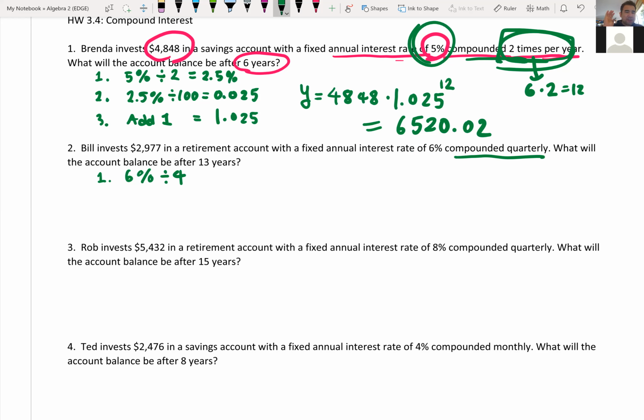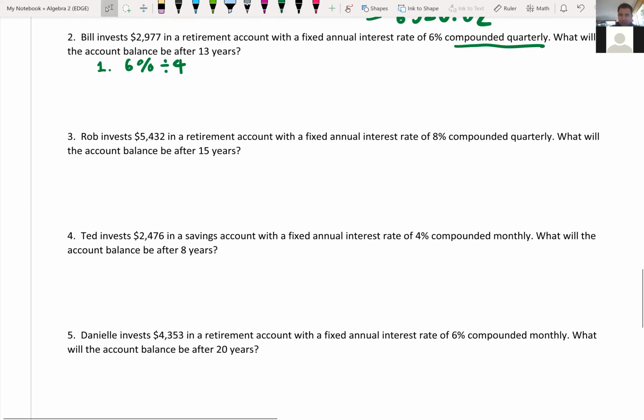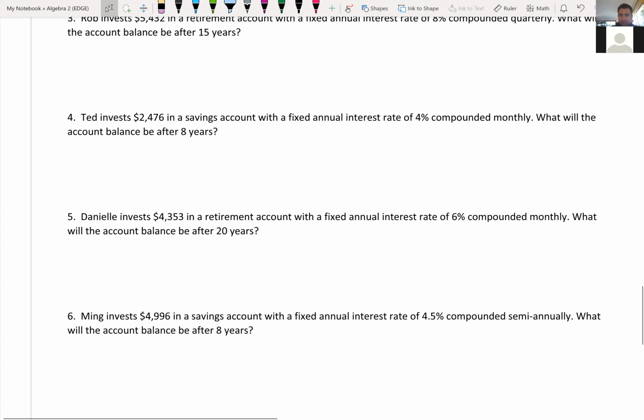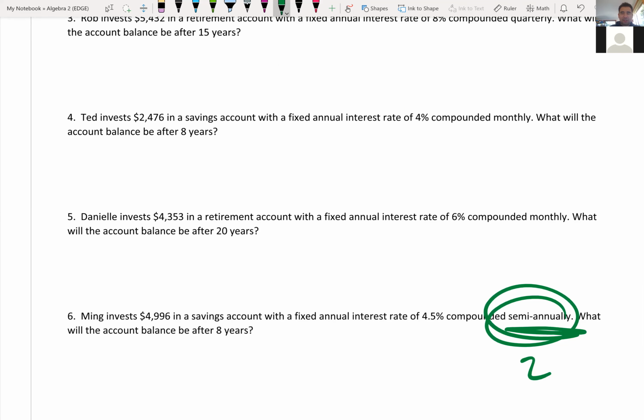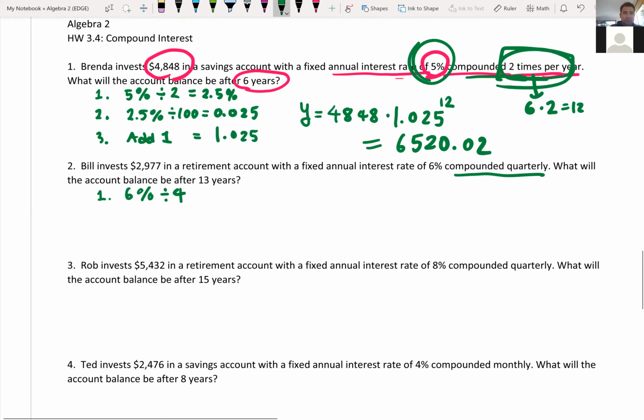Quarterly, you are going to divide by 4. Biannually, or 2 times a year, that's 2. Or half yearly, I've seen the words anywhere from semi-annually. That's 2, okay? But let's keep going.